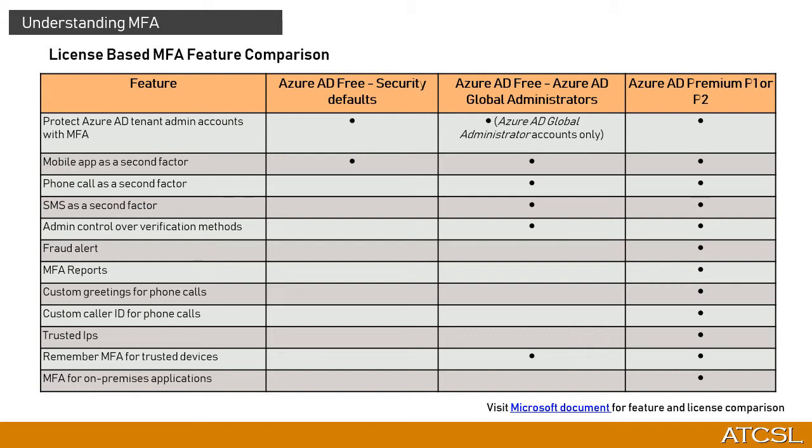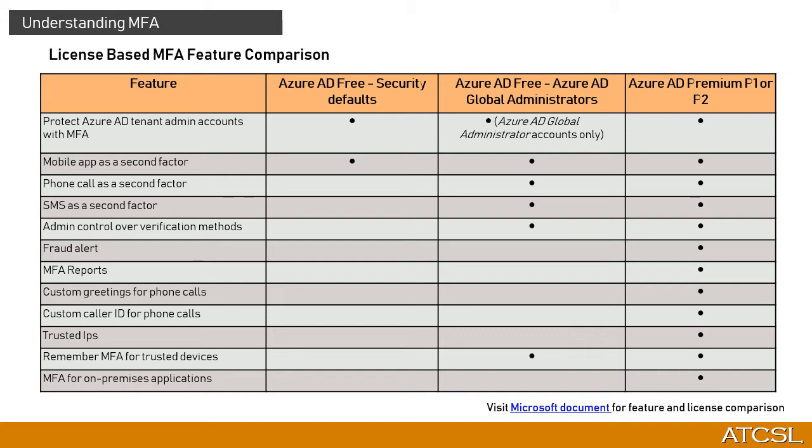Now, with Azure AD Premium P1 and Azure AD Premium P2, you are getting all the features. Like you get the fraud alert, you can have a phone call as a second factor, you can use an app, even you can have SMS as a second factor for authentication and verification. Also, you get to see the multi-factor authentication reports.